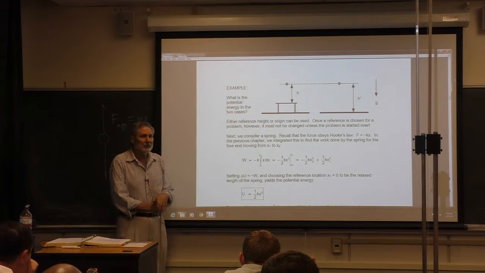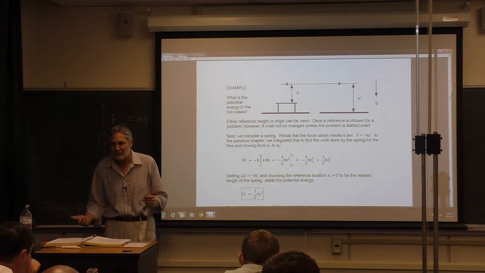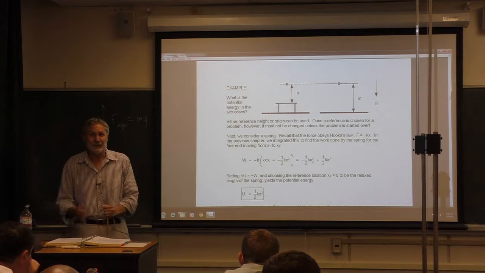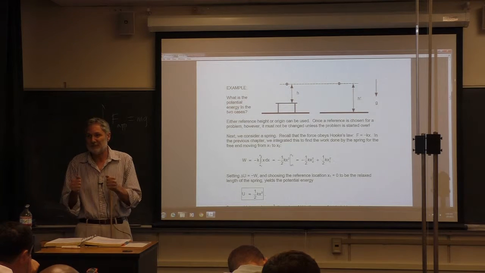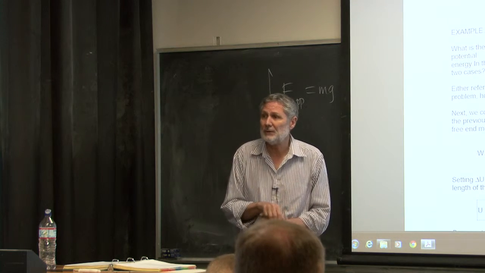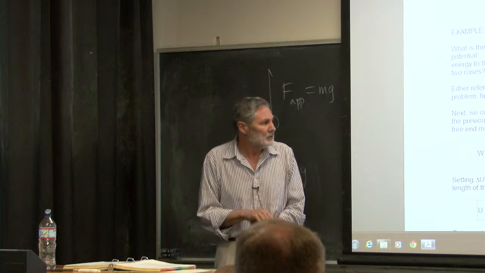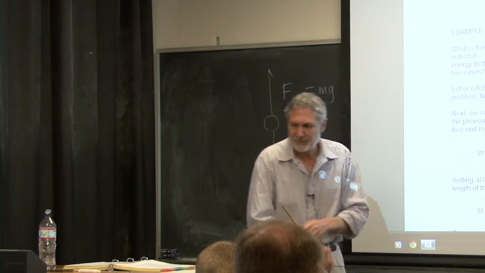So we're going to define the potential, and here it's really obvious what to do. You'd be crazy not to. What are we going to use for the reference here? What are we going to call zero potential energy in the spring? It's the relaxed state. It's very natural to do that. You don't have to, but you get into a lot of trouble if you don't. Oh, there's a slight mistake there.